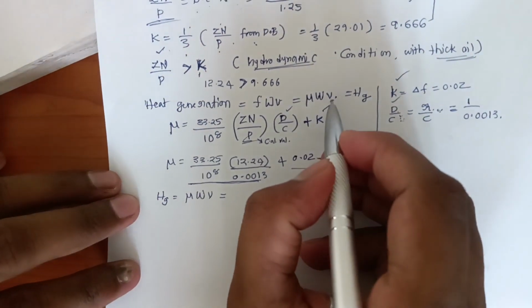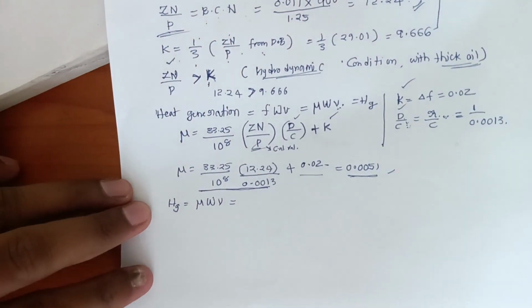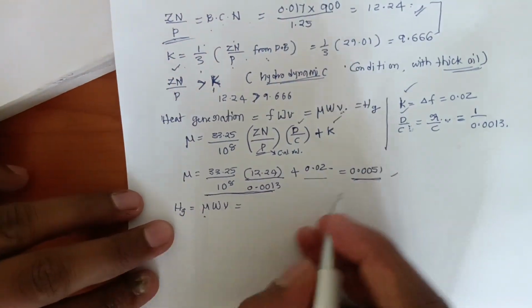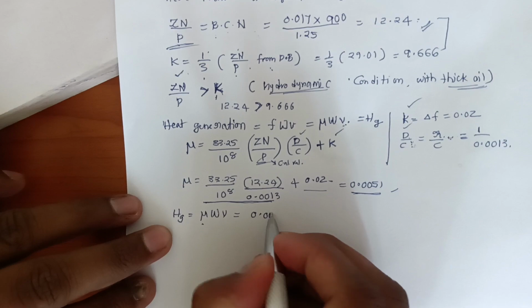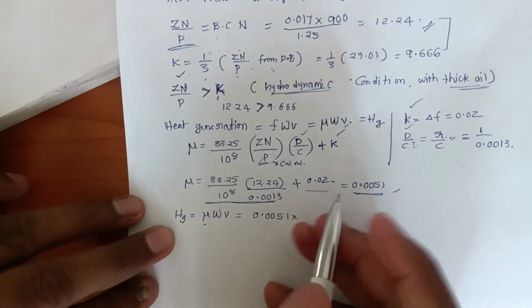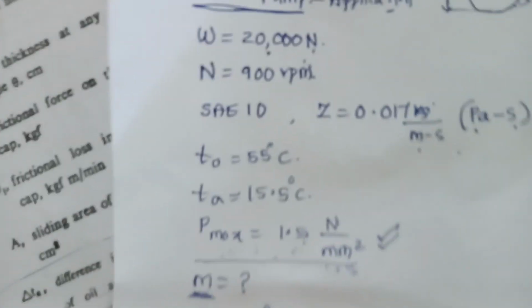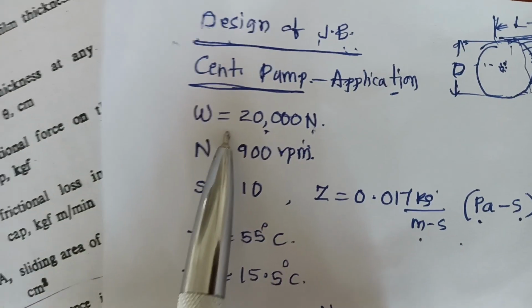For all the elements the formula is the same, that is 5D by 60. Here mu is 0.0051 and W is 20,000 newtons.